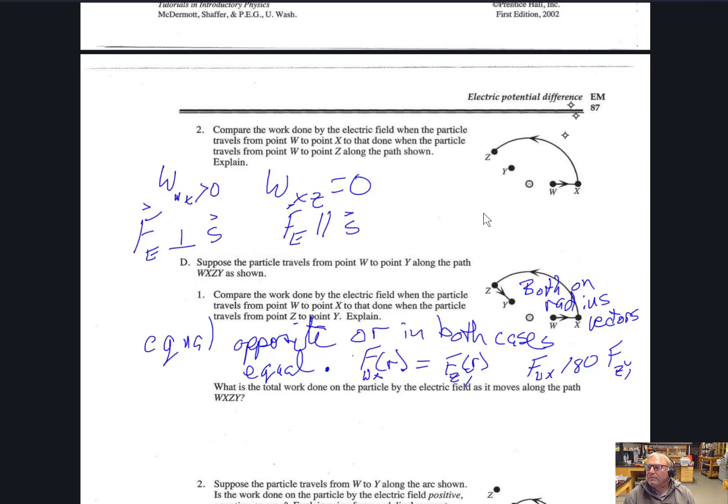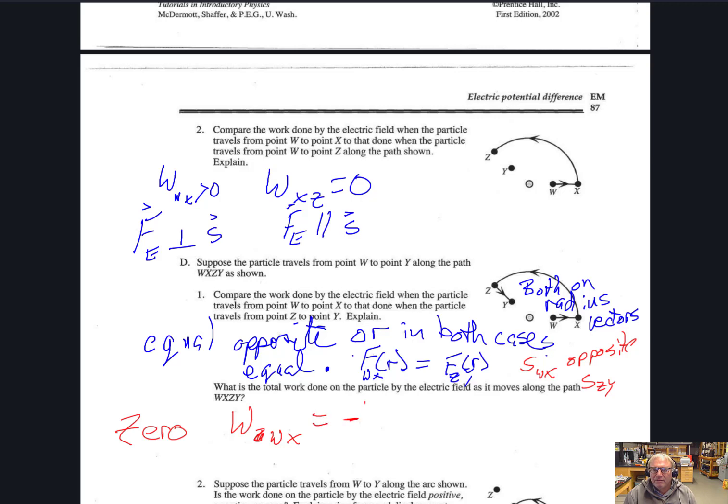Oh, actually, that's not right. Okay, what I want to say is S_WX is opposite to S_ZY, as we already said that work WX equals the negative work ZY, and work XZ equals 0.